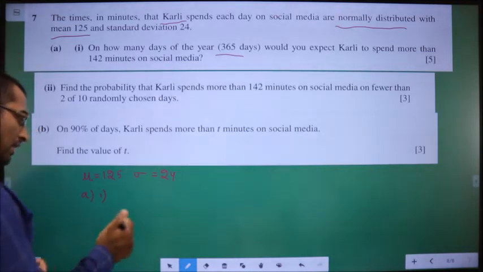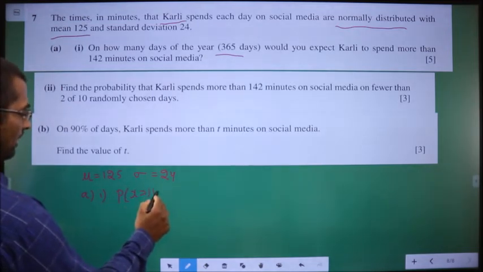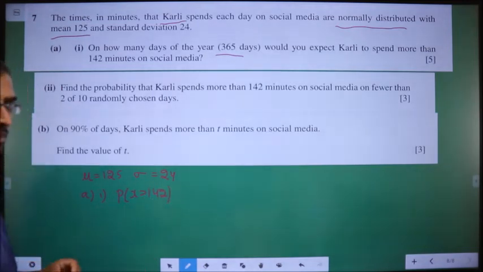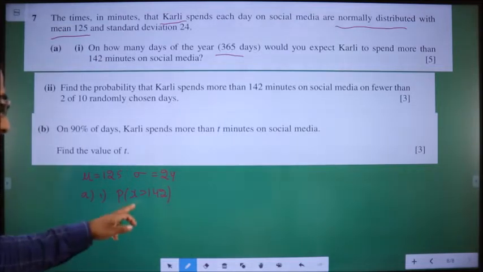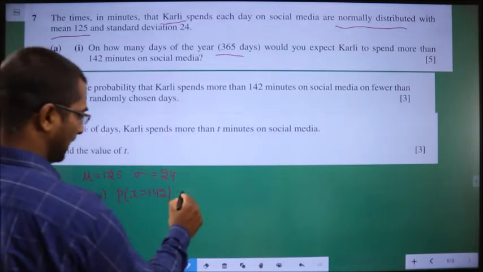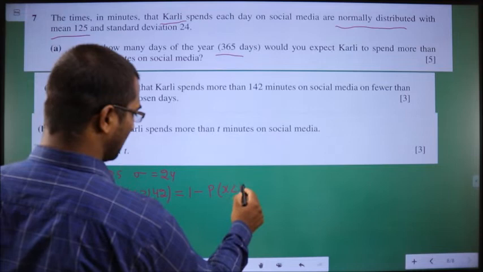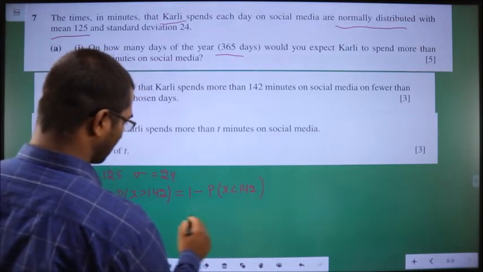Okay. Now to find, I should find the probability of X greater than 142. Directly I cannot bring phi, I need to make it less than. So 1 minus P of X less than 142.